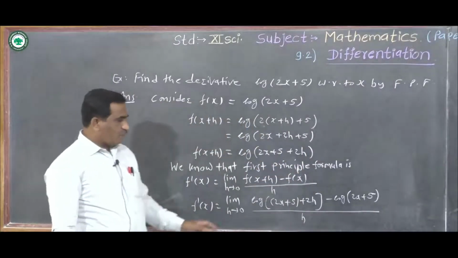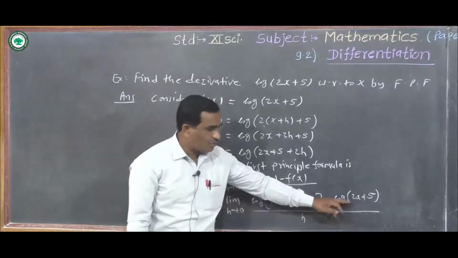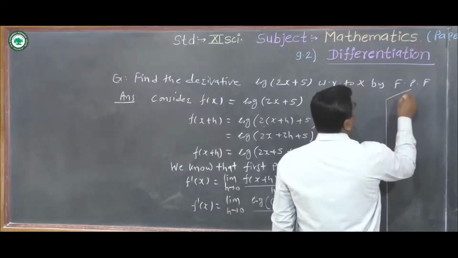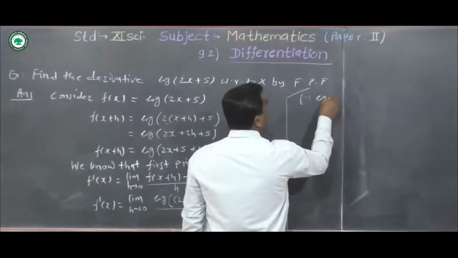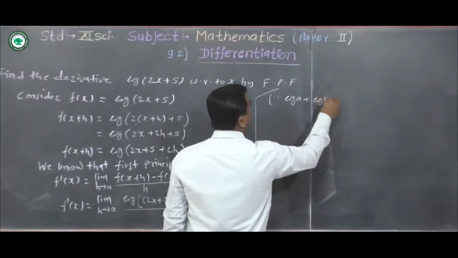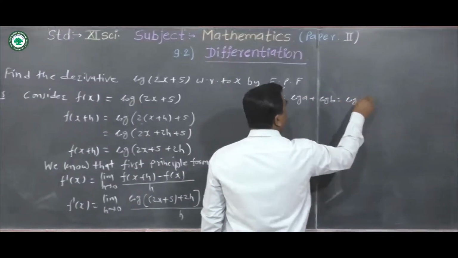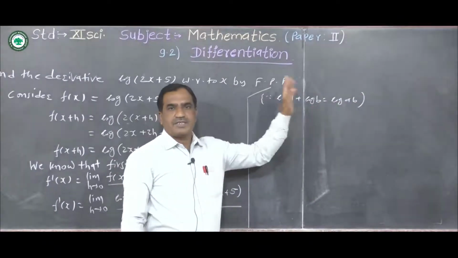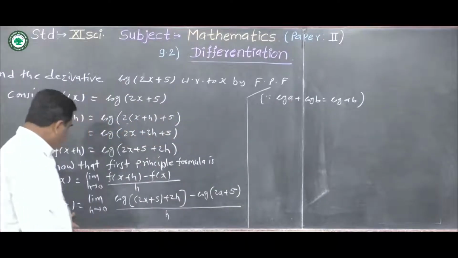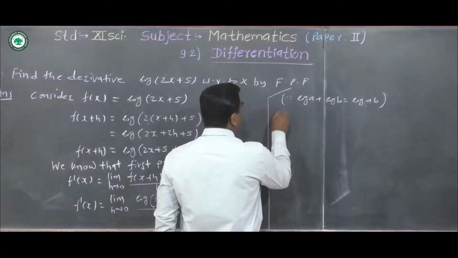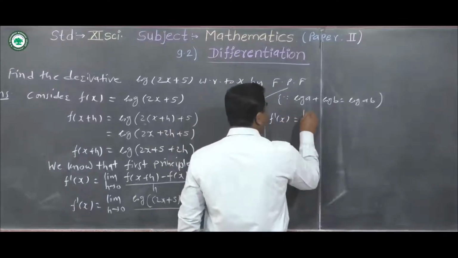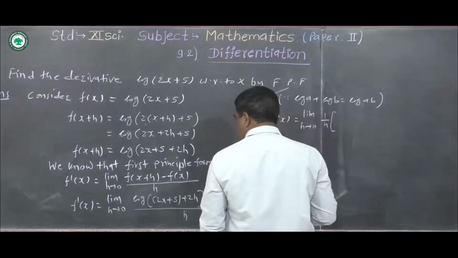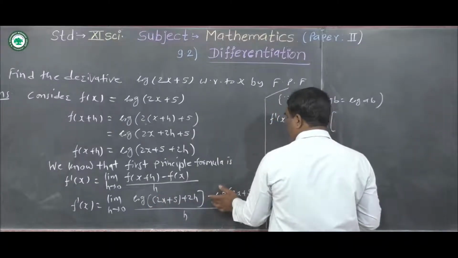Now we can use here the formula for logarithm: log a minus log b equals log a upon b. Alright, here the formula is log a plus log b is equal to log a into b, or we can write log b plus log c equal to log bc. Using this formula we can write f dash of x is equal to limit h tends to 0 of 1 upon h into, in bracket, log a minus log b.